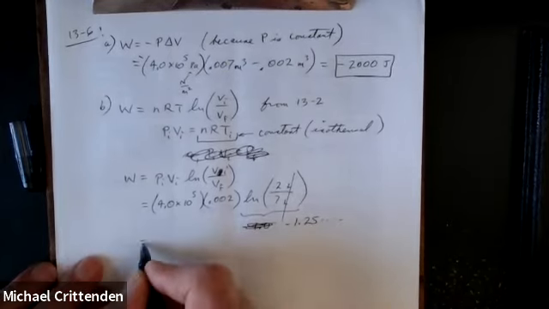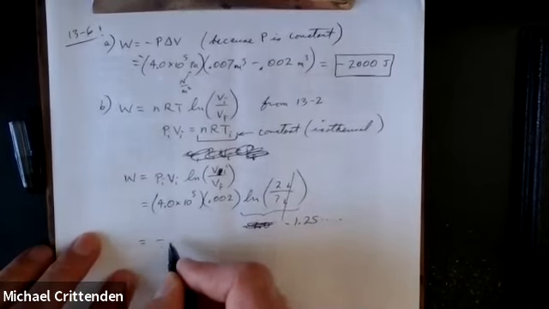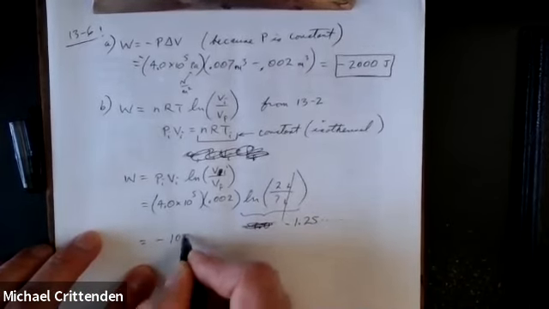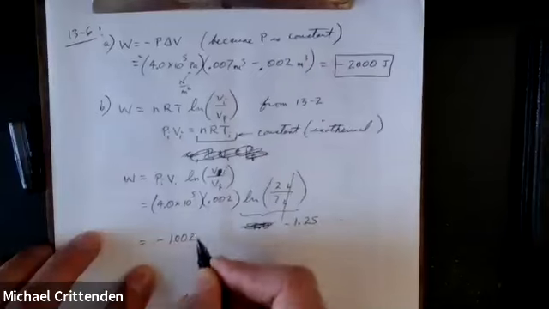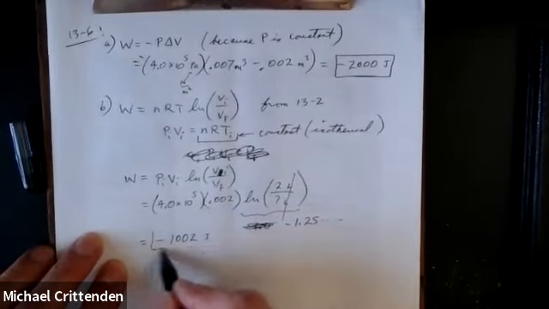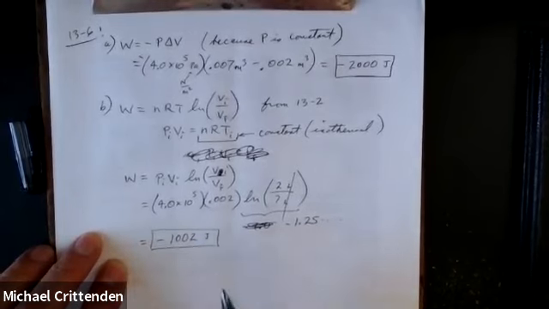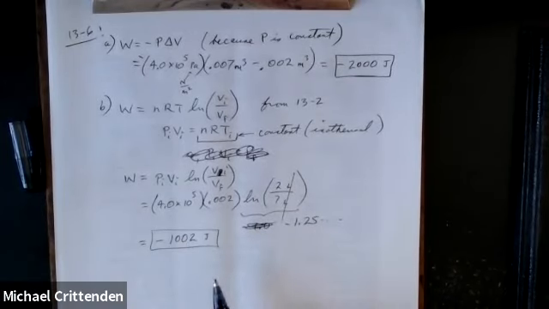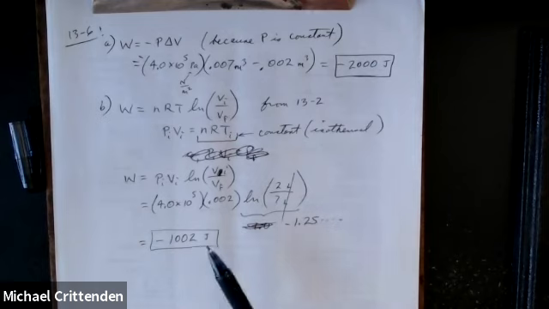Multiply it by those other 2 numbers. Normally I would round off to 3 significant figures because that's the standard that we've been using throughout the course. But rounded off to 3 significant figures, this would be 1,000.